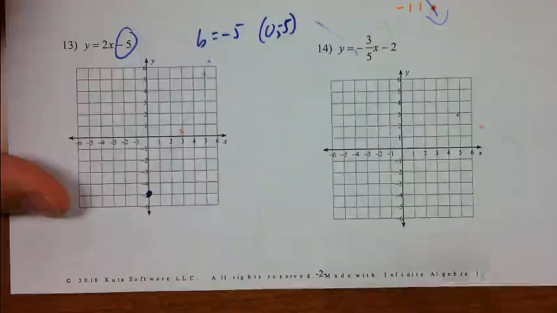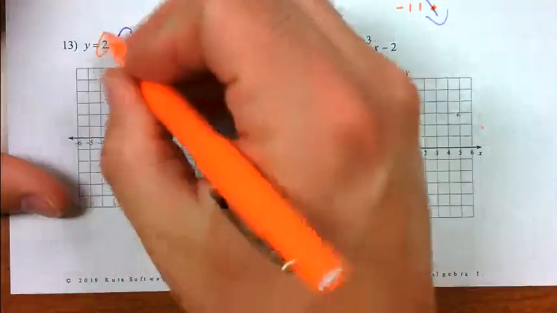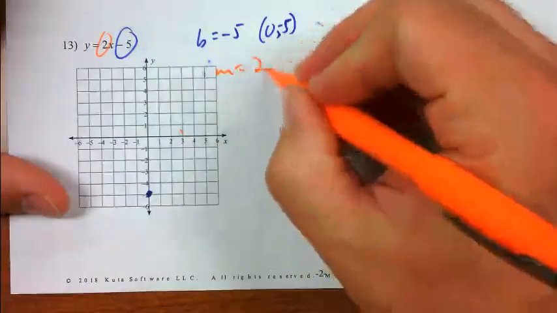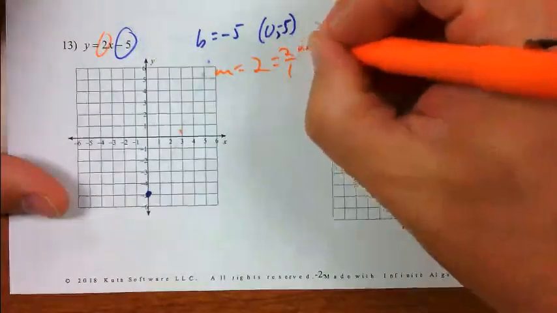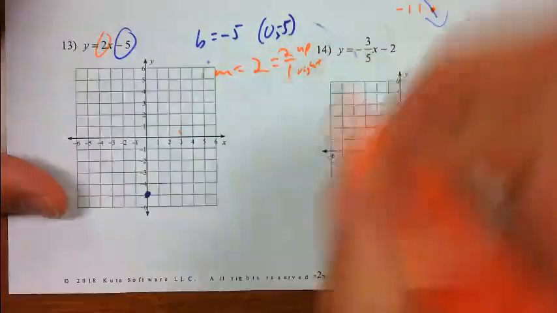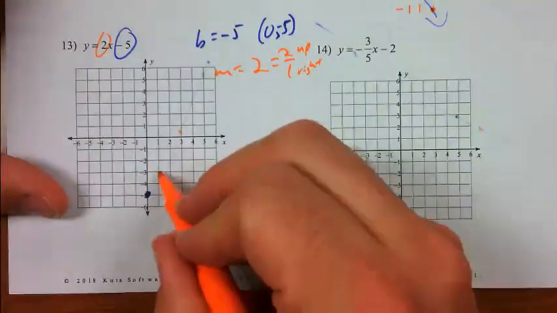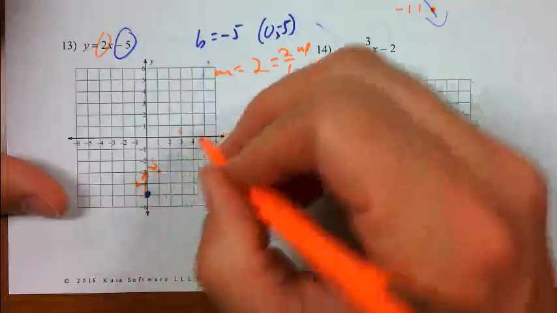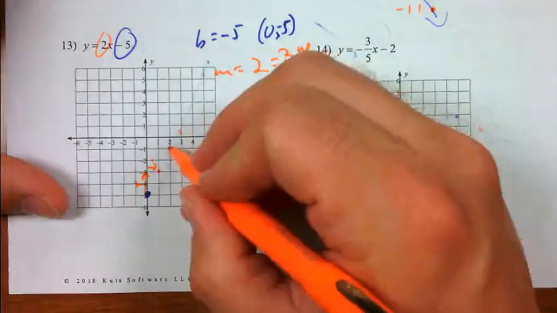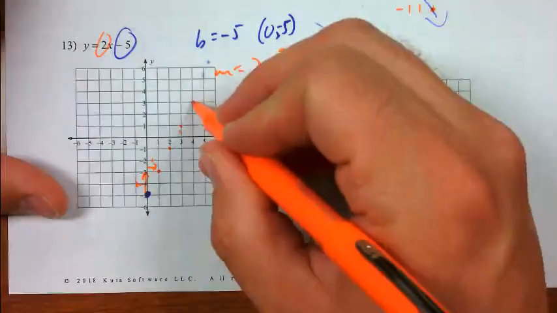That's way down there. But then our slope is +2. You can read it as 2 over 1. So that's saying up and to the right. So from that point, go up 2, to the right 1. And again, you could do that as many times as you need to make a straight line.